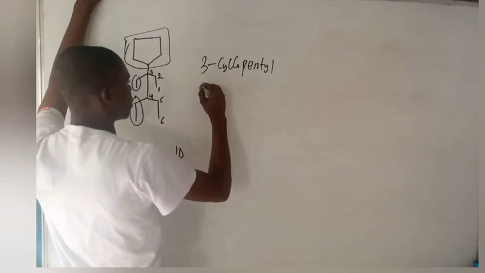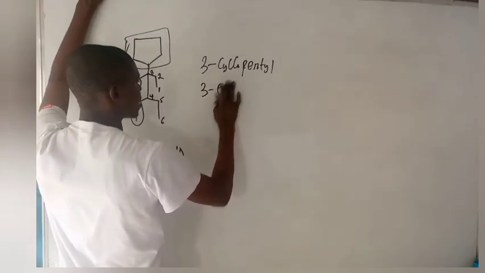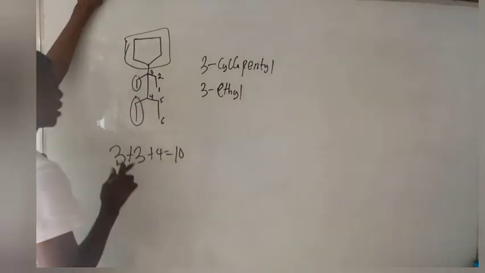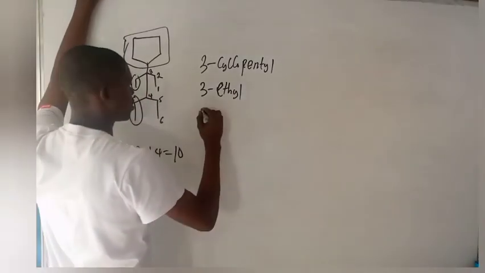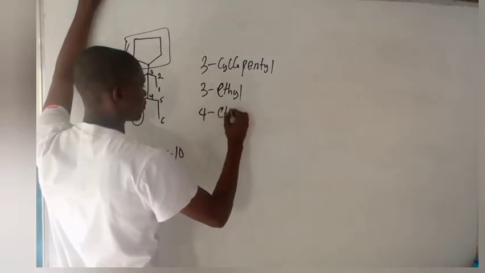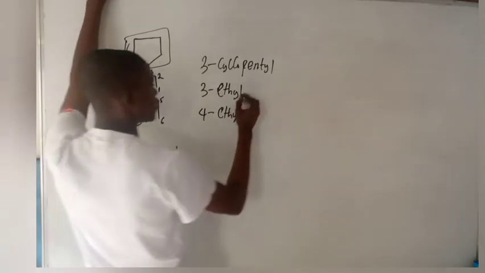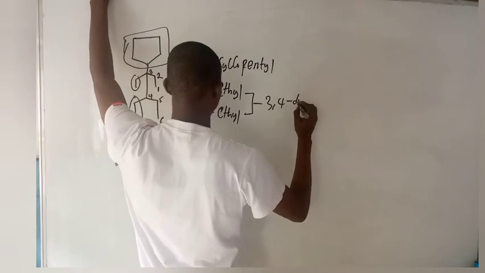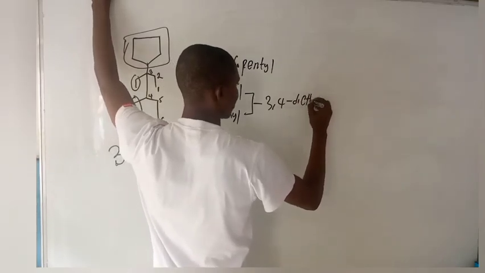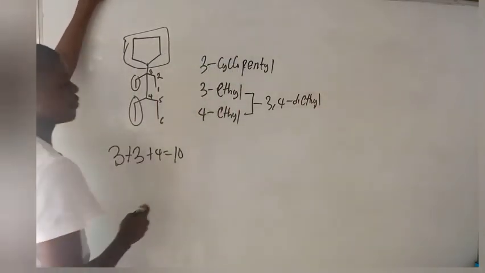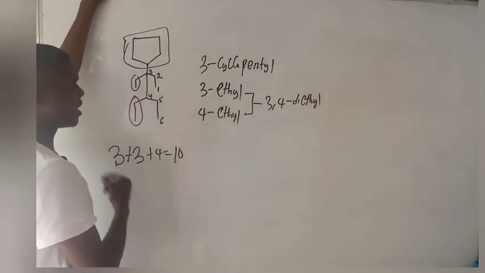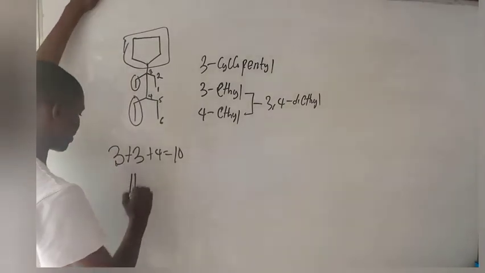So we're going to have 3 ethyl. Count by 4, we also have 4 ethyl. So when you combine the two of them together, you're going to have 3,4-diethyl. You get 3,4-diethyl. So remember, my parent name is hexane, right? Hexane. Parent name is hexane.